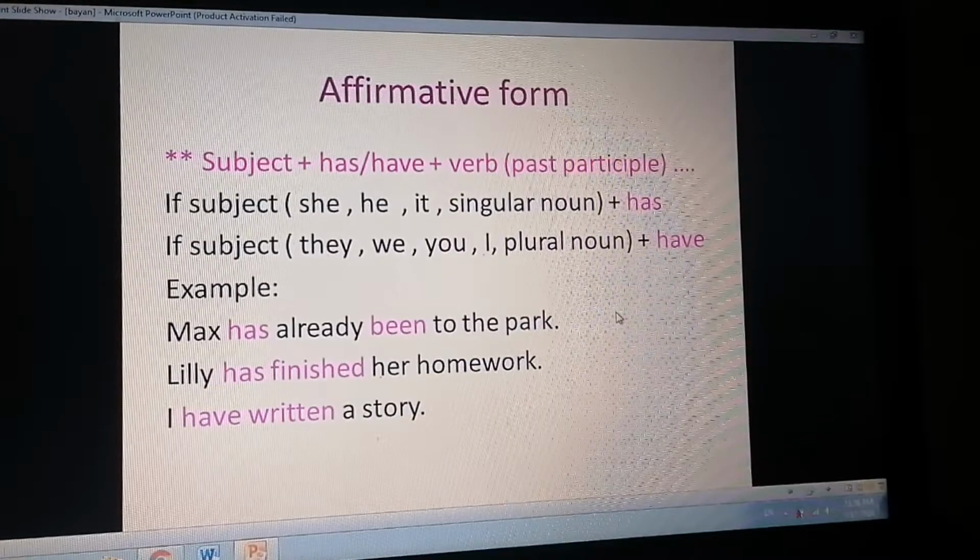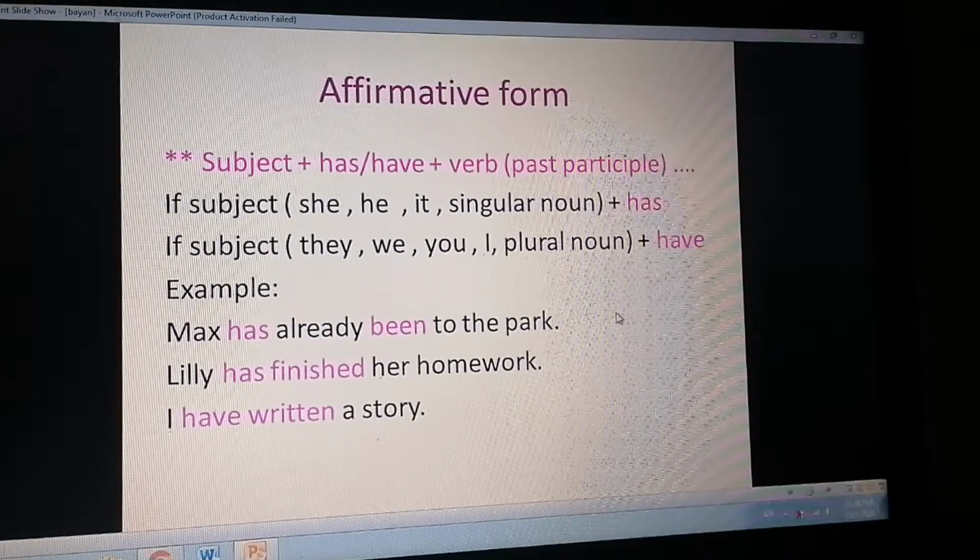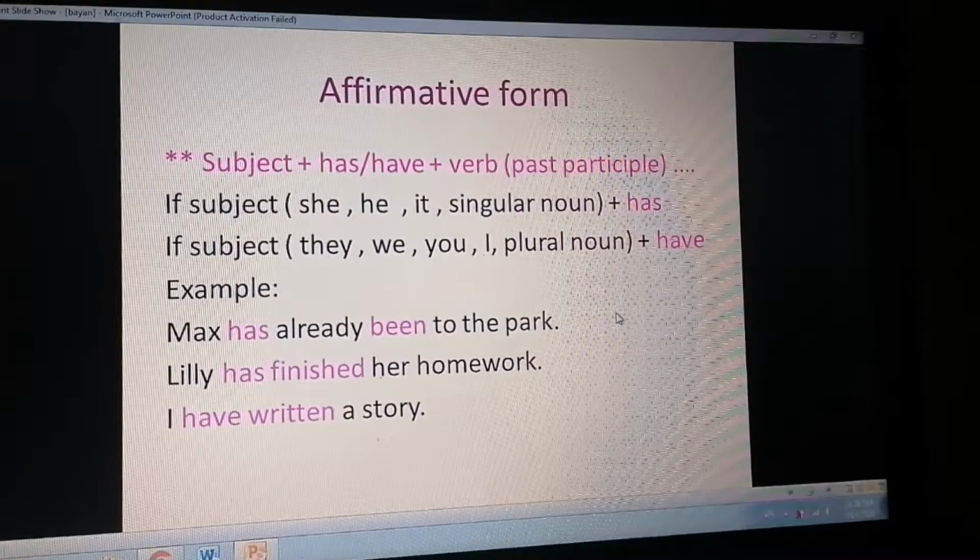Lily has finished her homework. I have written a story. Been, finished, written are verb past participles, verb 3. We use has because Max is singular, has because Lily is singular, and have because the subject is I.